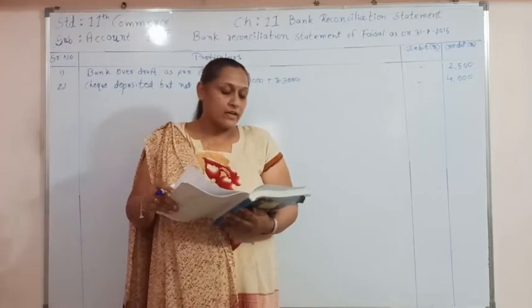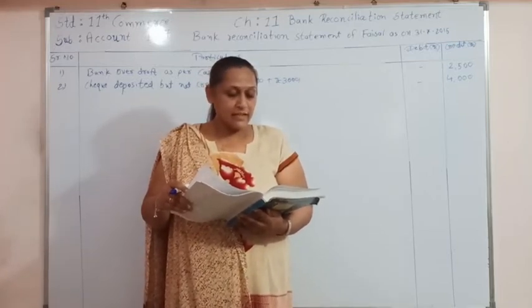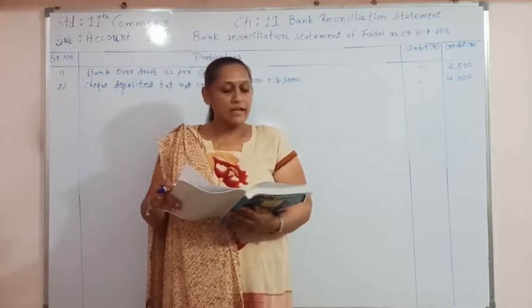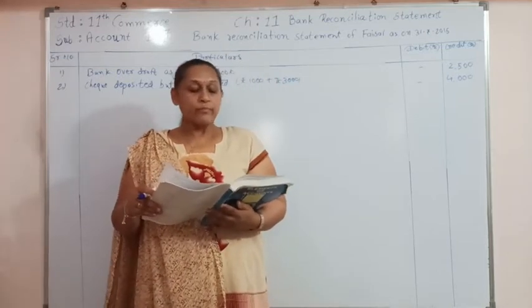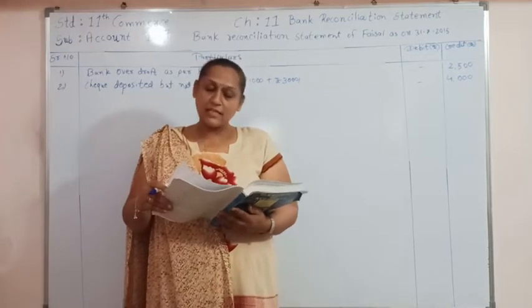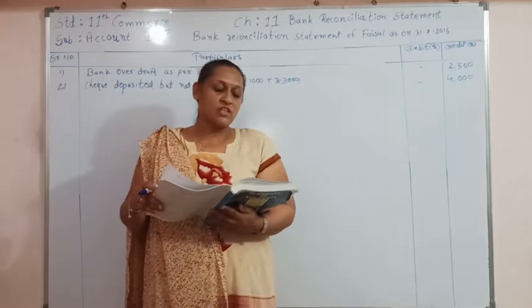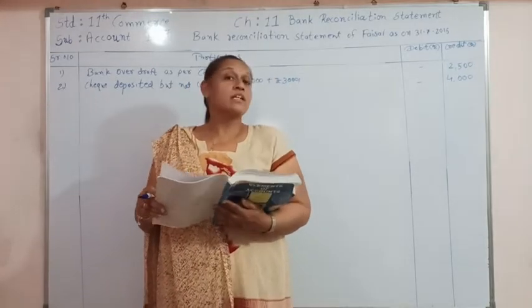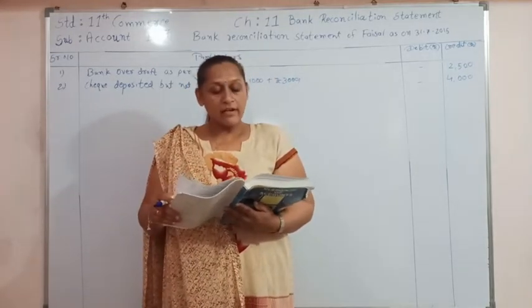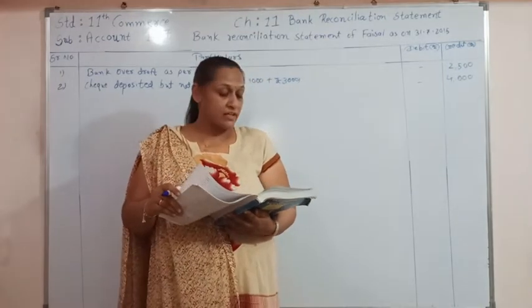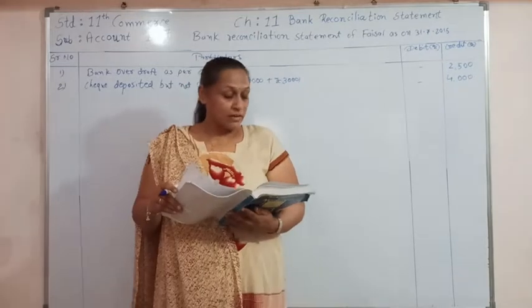The first check is 400 which is issued and presented in the bank, both in the same month. But the check of rupees 1,800 which is issued in July month is recorded in the August month in the passbook. So that we have to take in the bank reconciliation statement.